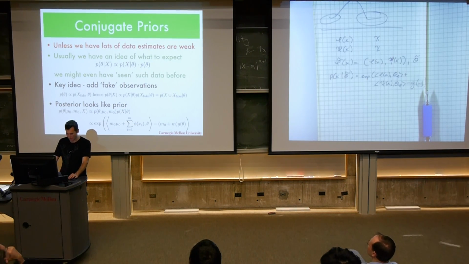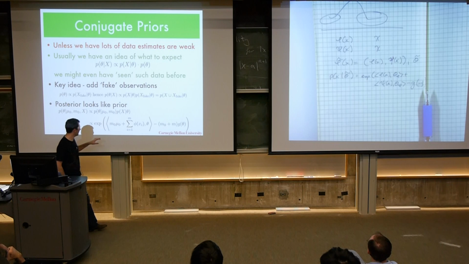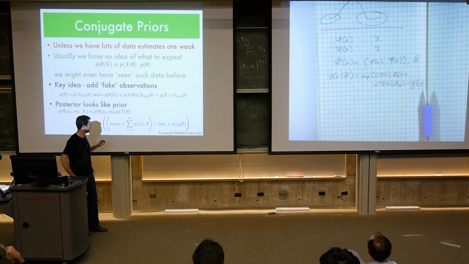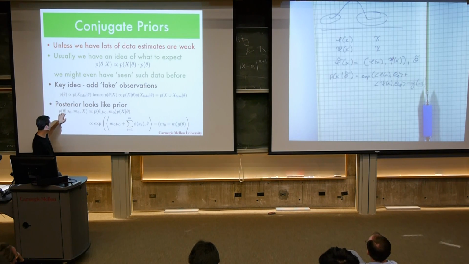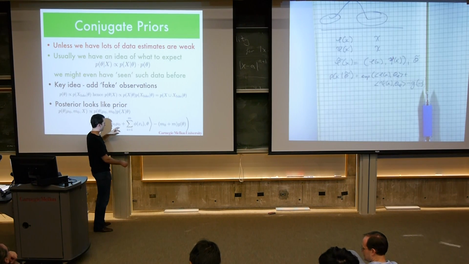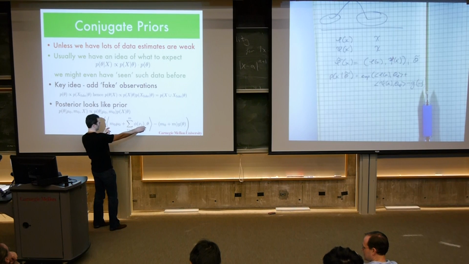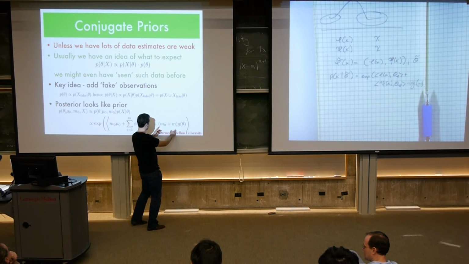So this is the algebra. Now, one interesting thing is that this entire expression looks like an exponential family, right? So this P of theta has an inner product between theta and something, and then an inner product between a number and some other number.